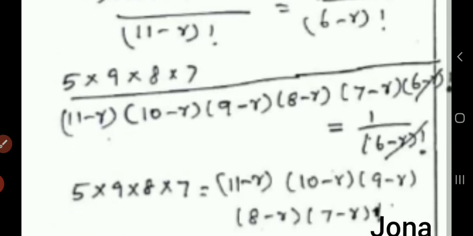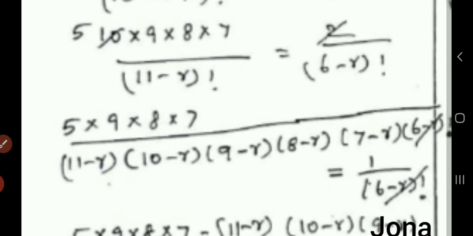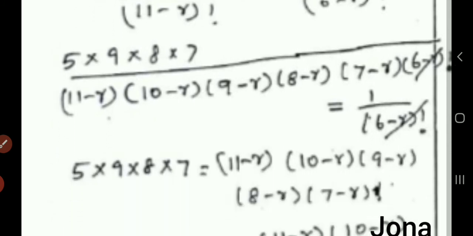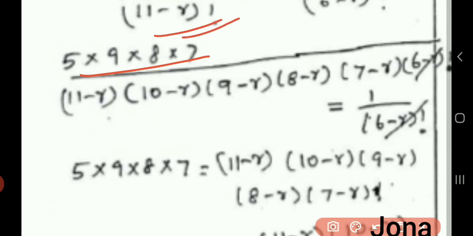We can cancel 10 and 2, therefore we got 5 here. The remaining is 5 into 9 into 8 into 7 divided by (11 minus r) factorial, which can be written in decreasing order as (11 minus r) into (10 minus r) into (9 minus r) into (8 minus r) into (7 minus r) into (6 minus r) factorial, because on the right hand side we have (6 minus r) factorial, so we stop here. So we can cancel the (6 minus r) factorial on both sides.